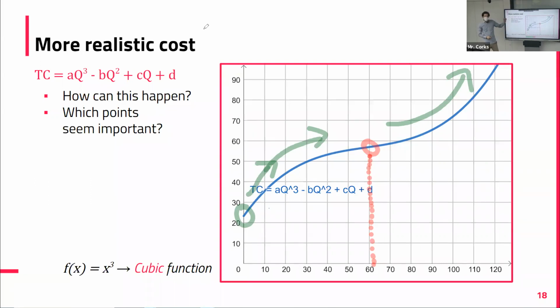So on the left side here, what is happening is called economies of scale. This is basically the efficiency thing. So if I have a factory and I have like 2 workers, well, each worker has to do kind of all the roles of the factory.